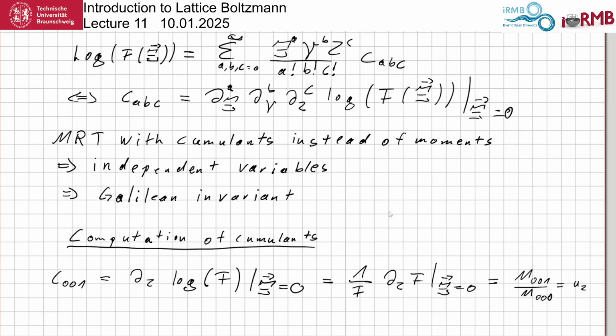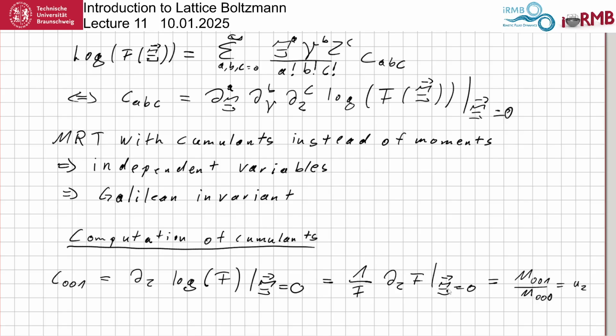But just to see if I understood, this M000 was to normalize, as we did with the moments? I did not try to normalize anything. The cumulants normalize themselves. I didn't attempt to normalize anything.